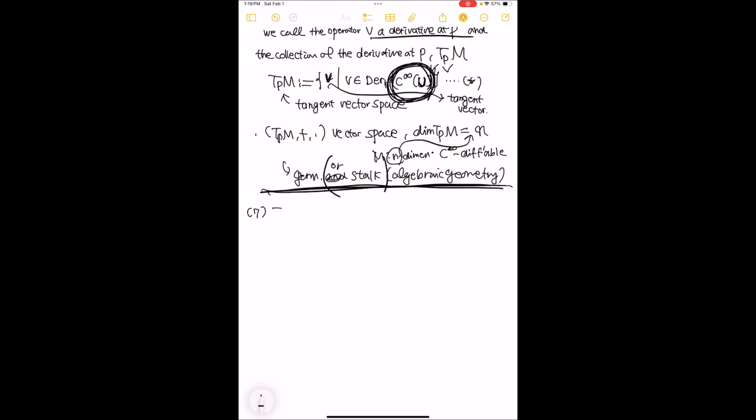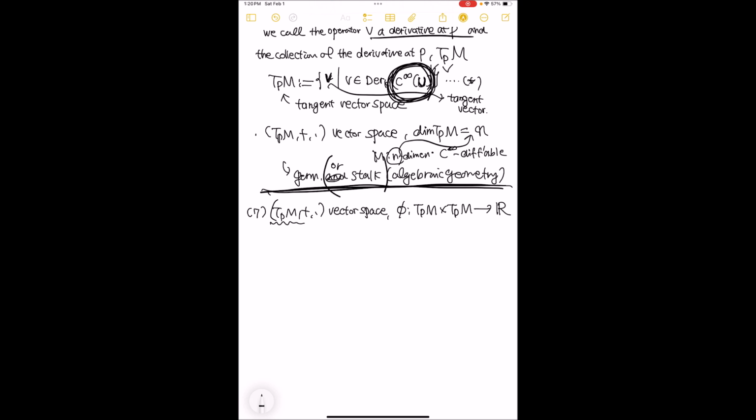And because the tangent space is a vector space, we can think about a bilinear map. That is clearly a vector space.